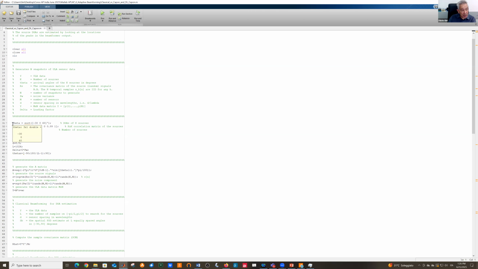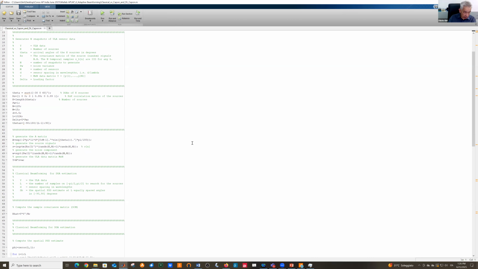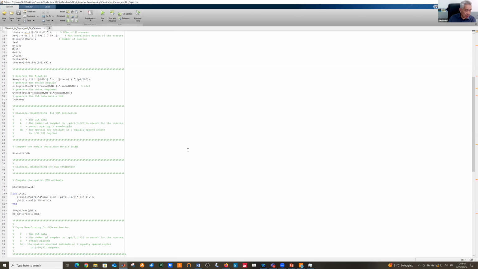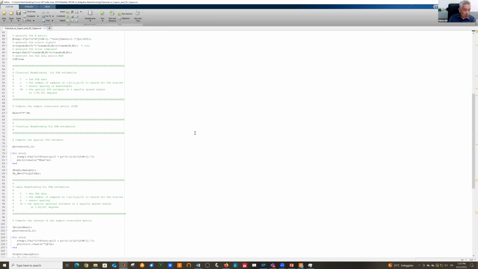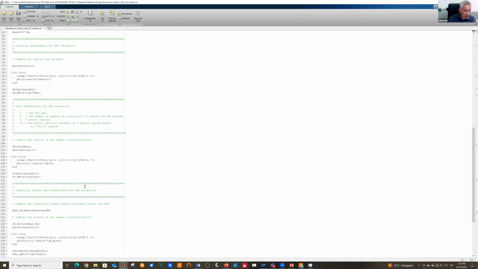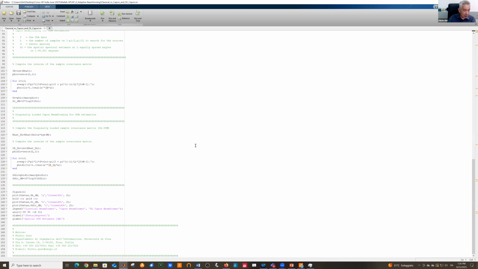As usual, at the beginning, I set all the values of the parameters, and then I comment more or less each step. So it should be very easy to follow. I implement the classical beamformer, then Capon, then diagonally loaded Capon, and then we compare. In a figure, we compare the estimated power spectral density using the three different methods.